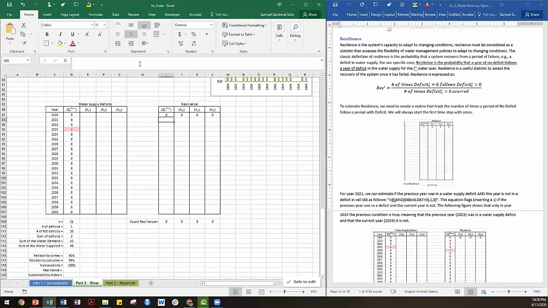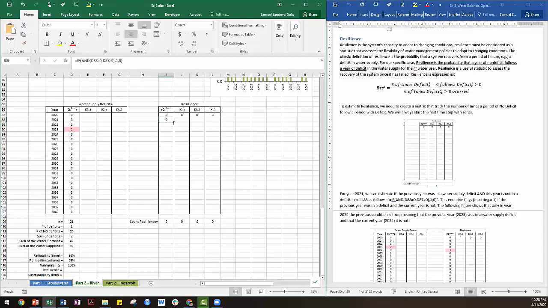So we're going to be flagging when this year was 0 and the previous year we had a deficit, it was greater than 0. So basically that's what it's saying here. If this is equal to 0 and the previous year is greater than 0, then write here a 1, otherwise it will be a 0.